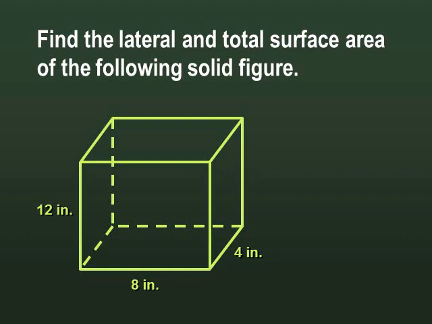Okay, so this is a prism, and the drawing looks more like a cube, so you have to pay attention to the numbers that are labeling our height, our length, and our width. So what we're going to do here is we're going to lay this prism out. Think of it like a box. Okay, it's a rectangular prism, and we're going to lay this out kind of flat.